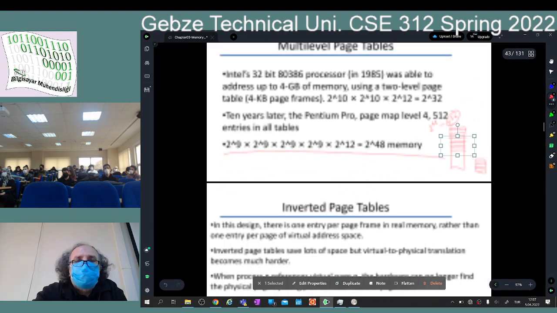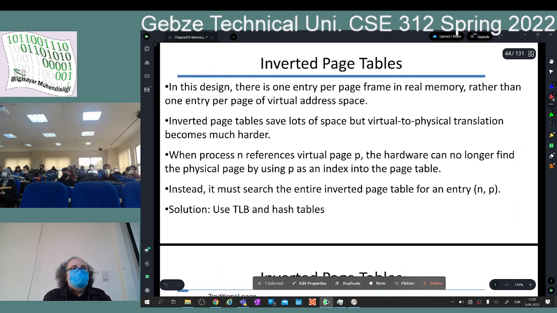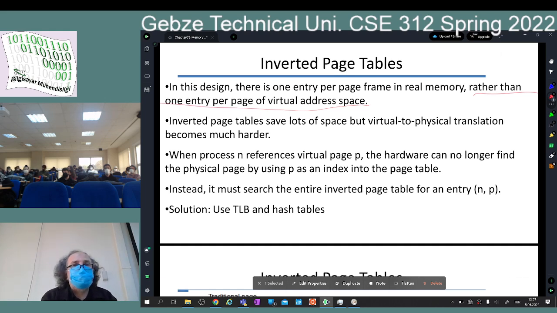That's the idea of inverted page tables, okay. We don't like to keep one entry per page of the virtual address space. We don't want this, okay. We don't want to do one entry per page of virtual address.